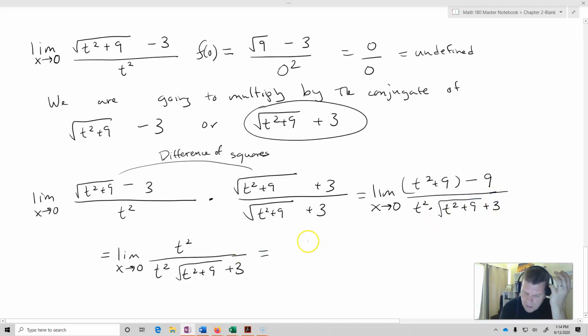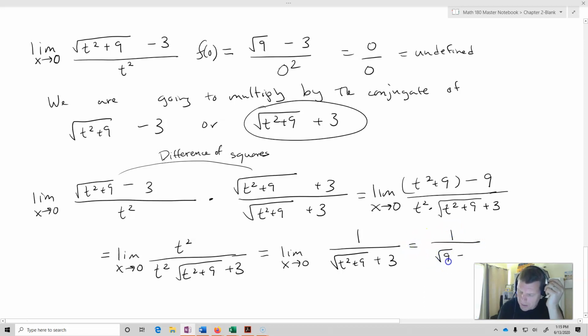And that's thus going to equal the limit as x approaches 0 of 1 over the square root of t squared plus 9 plus 3. Now, in this case, again, 0 is actually in the domain of this particular function, so I can directly substitute. So this is going to be 1 over the square root of 9 plus 3, which equals 1 over 6.